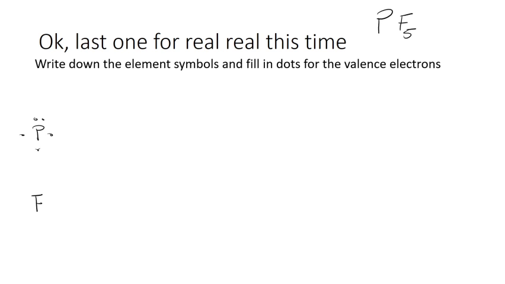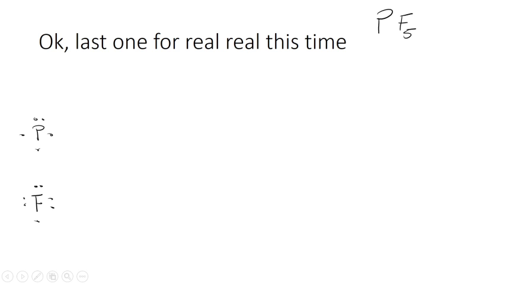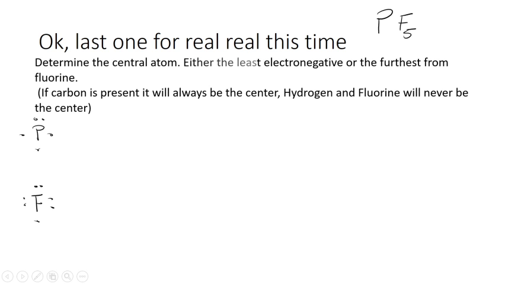Fluorine, column 7A, 7 valence electrons. Determine the central atom. Again, easy, because we want the one furthest from fluorine. Fluorine's pretty close to fluorine, so it's not going to be fluorine. Also, fluorine's never the center, so the only one that can be the center here is phosphorus.